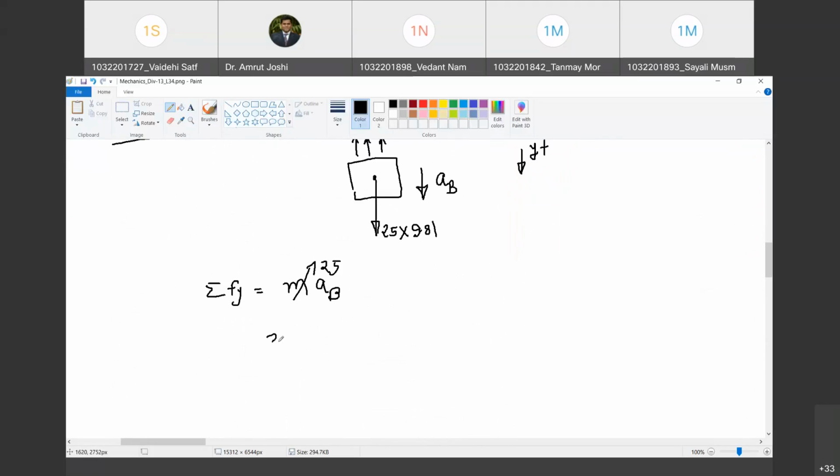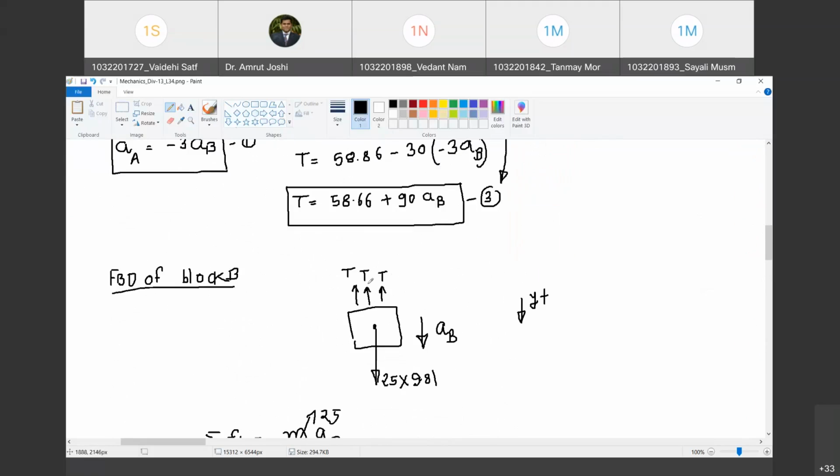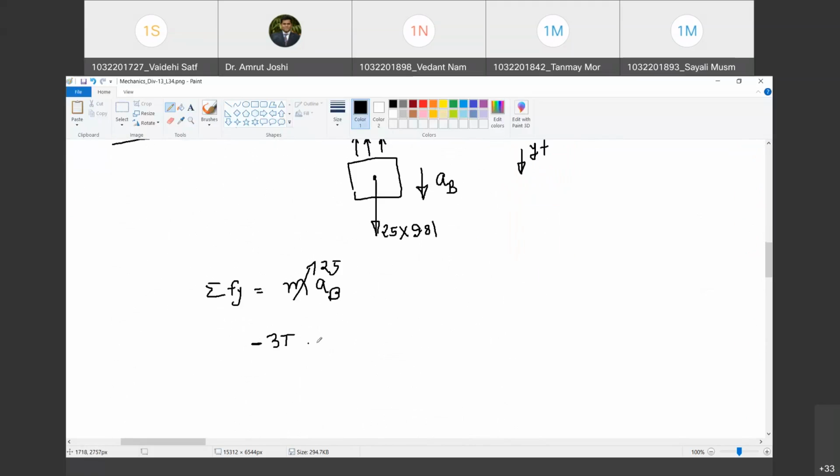Summation Fy is 3T minus 3T. Why? Because they are upward. Plus 25 into 9.81. Why plus? Because it is acting in downward direction, and in this particular case, downward y is positive. This is equal to 25 times AB.